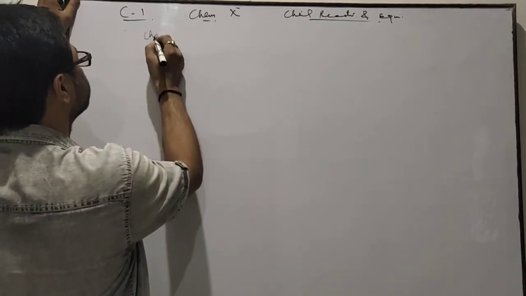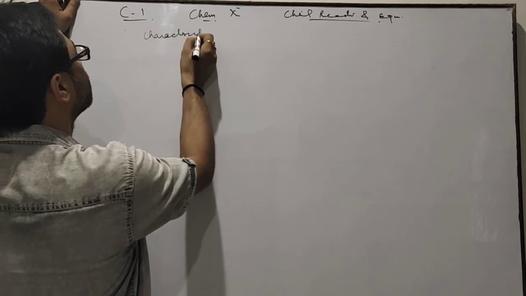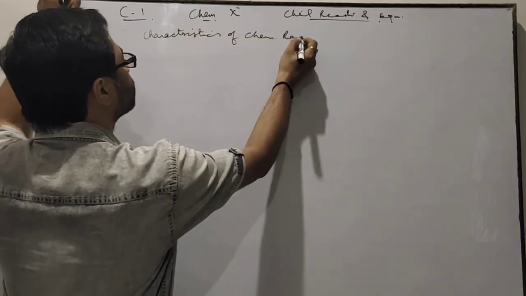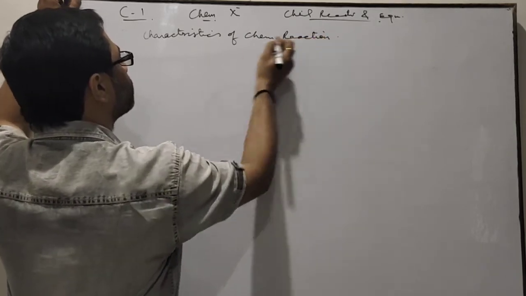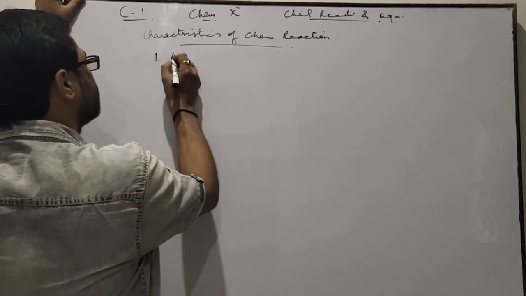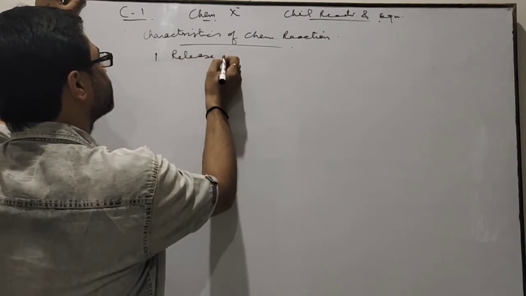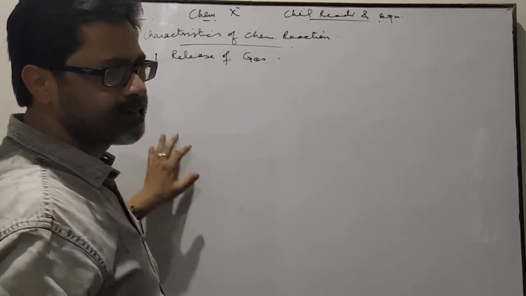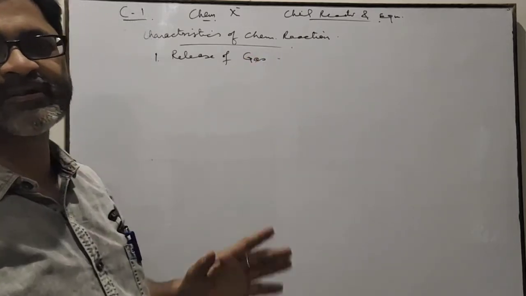Characteristics of chemical reaction. First one is release of gas. In most of the chemical reactions, gases are released.